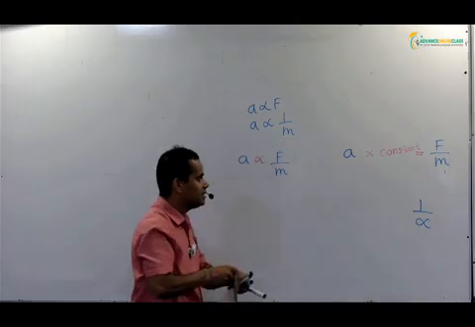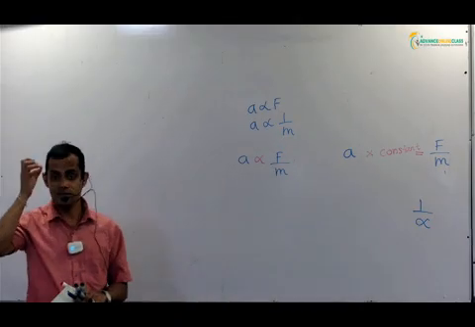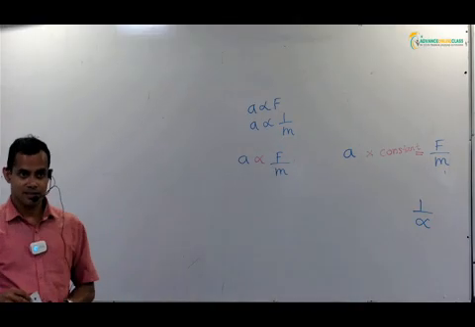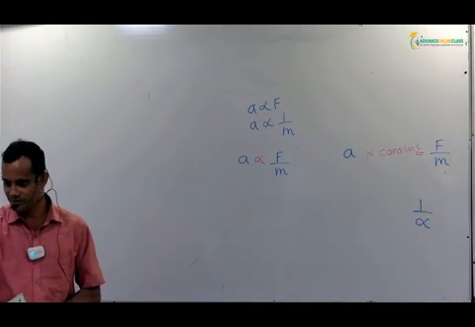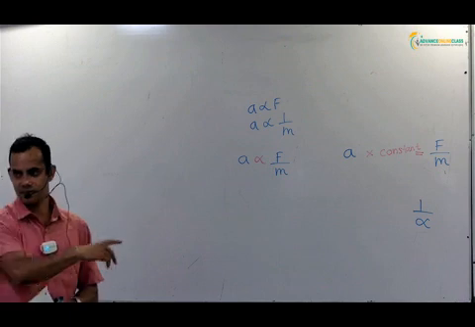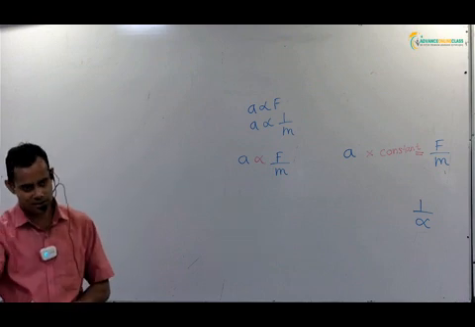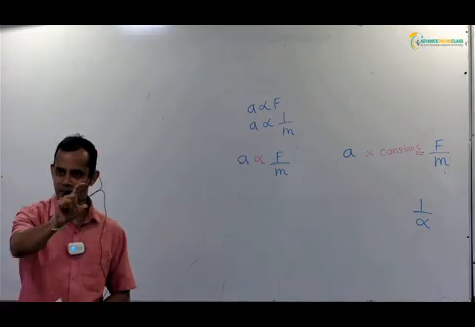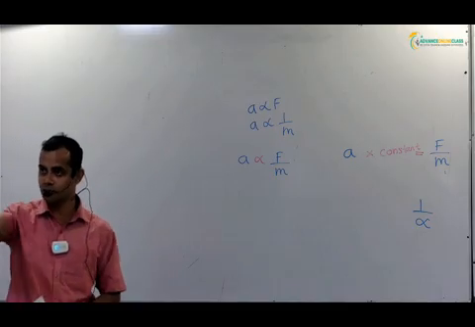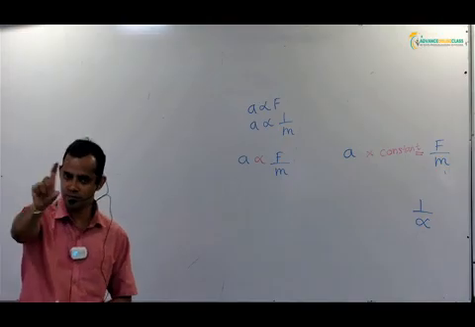What is this? It is a technique in mathematics. For our calculations, we need equal in between left hand side and right hand side. We need this one. So in mathematics, if you want to remove this proportional one and put this one, there's a way.